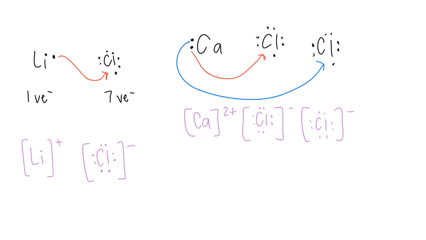And that's our Lewis structure for CaCl2. So again, this is just drawing a representation of what this looks like in a manner of how our electrons are moving and how we're bonding these atoms together.